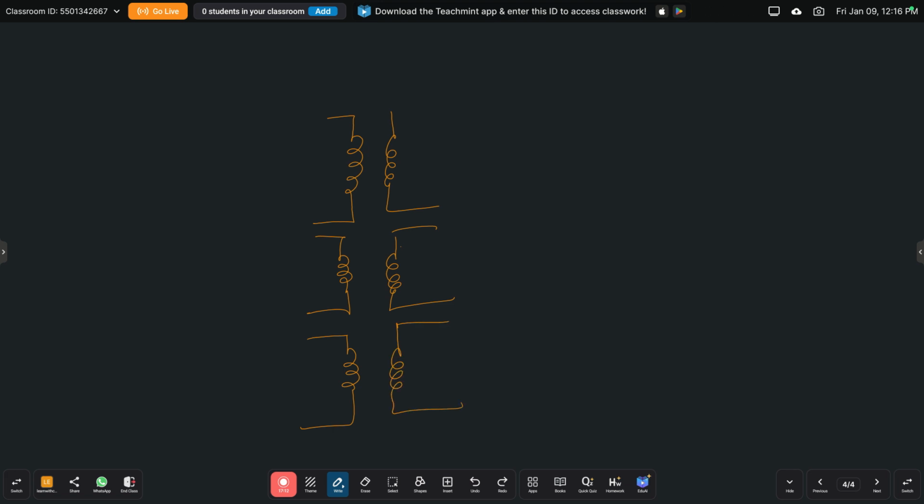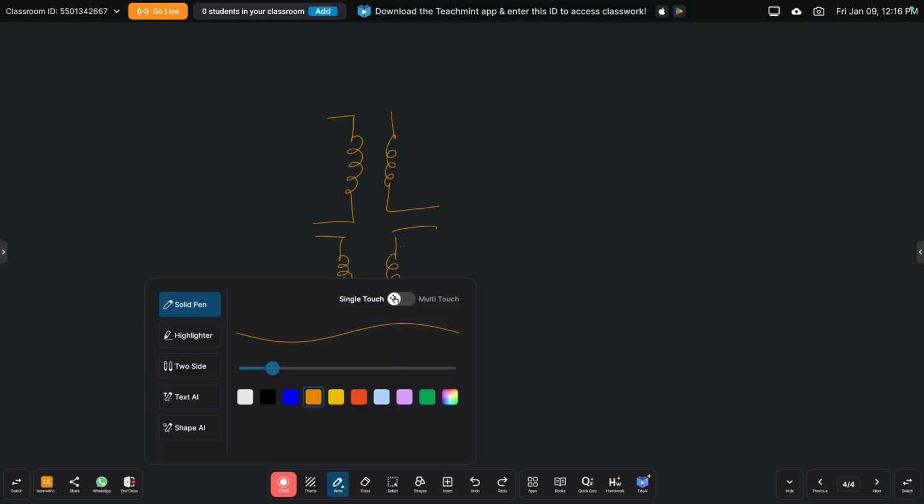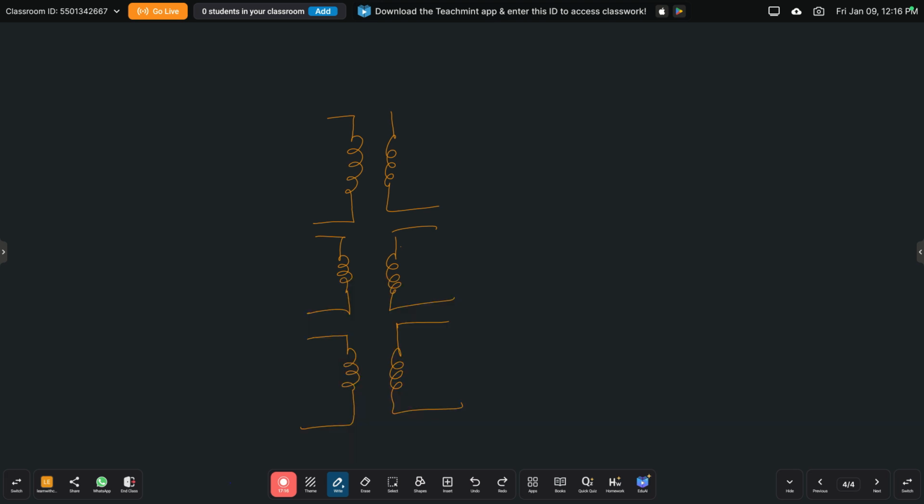The delta connection means the second of that one is connected to here, and the second is connected to here.